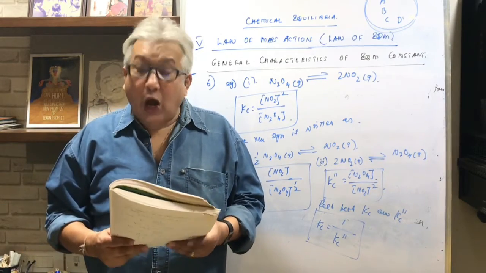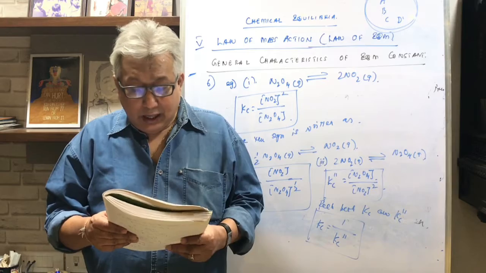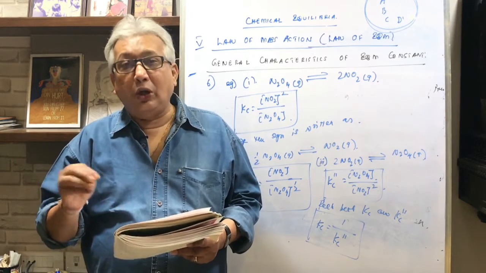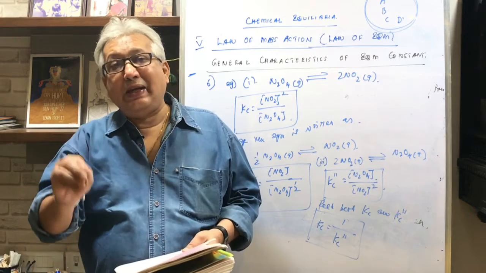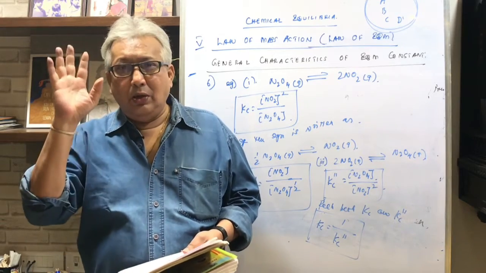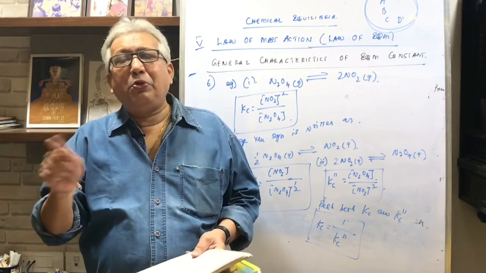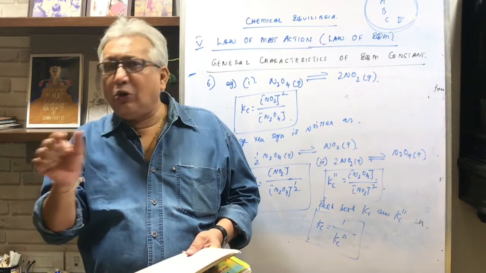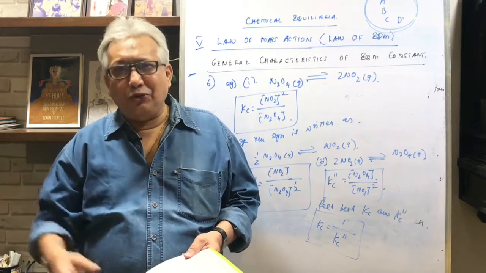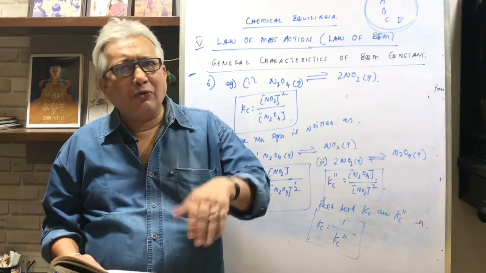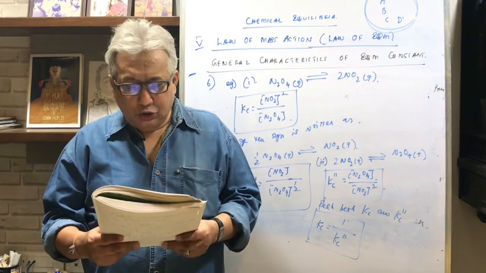However, it does not contain the concentration of pure solid and pure liquid, as their concentration is taken as unity or 1. I told you that if pure solid or pure liquid comes, the question of their concentration doesn't arise. So we throw them out by saying their concentration is 1. It is a very smart way of ignoring their concentration.